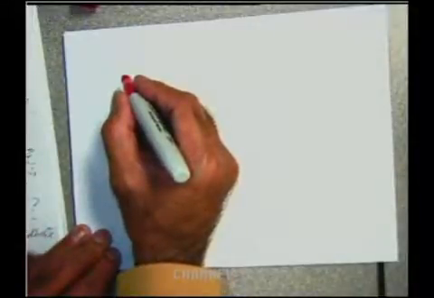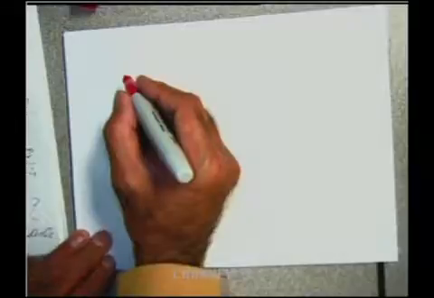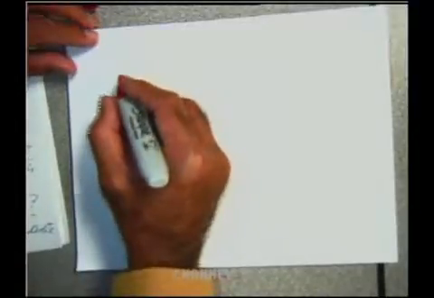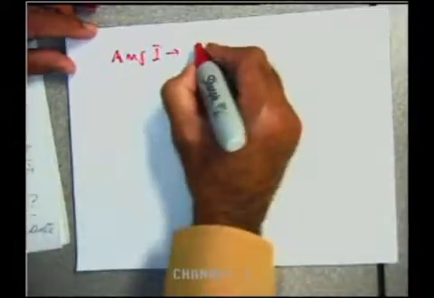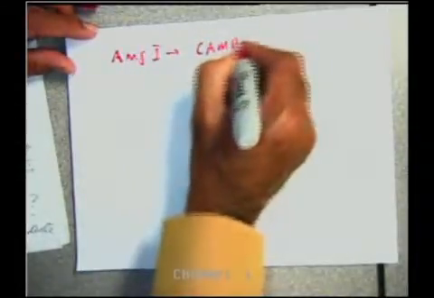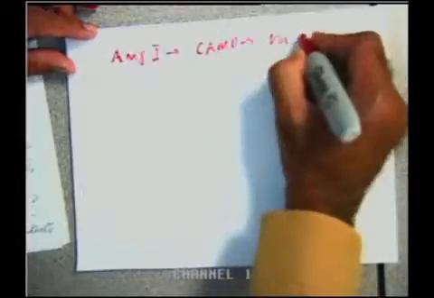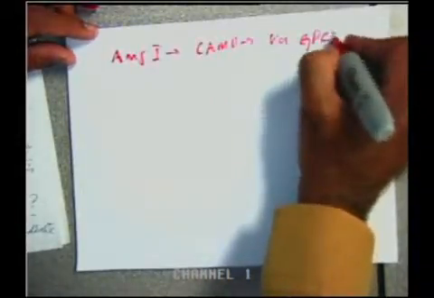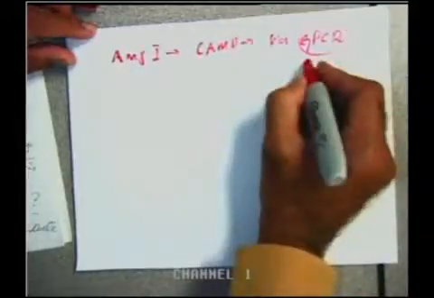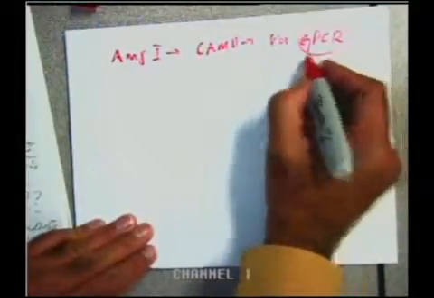The Ang1 acts via cyclic AMP, right? So this process, Ang1, I'm writing the same things, cyclic AMP, and then via GPCR, that's G protein-coupled receptors, okay?